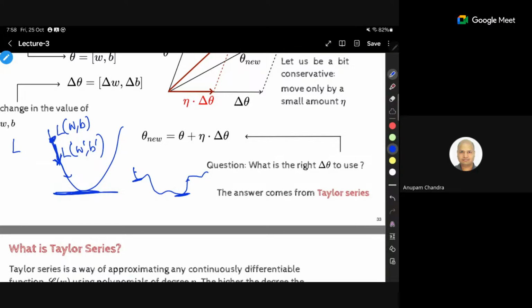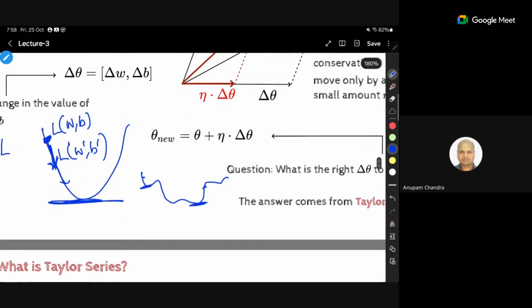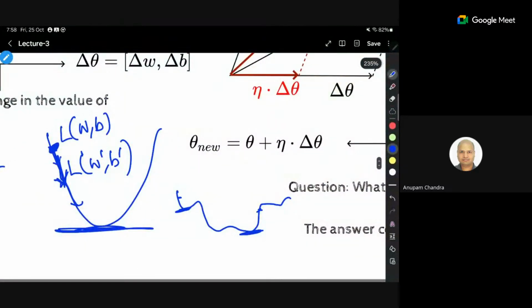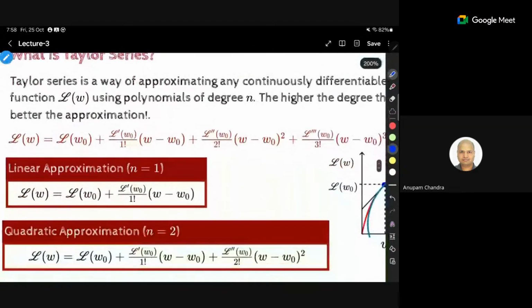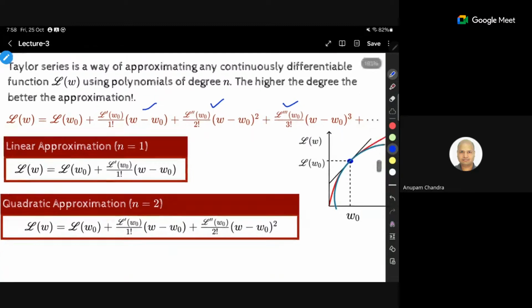I know this point, but I don't exactly know the surface. I don't know much about anything other than this point and this value, right? So what I can do is figure out the value very near to that point, and very near to a point you can figure it out using the Taylor series. And as many terms as you add, you'll get a better and better approximation of that value, right?